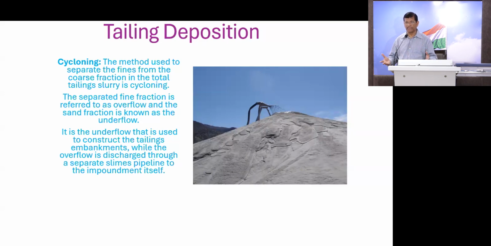Again, the deposition and construction of filters should all be taken care of when we look into what we design and what is actually happening in reality. That's why the underflow, the sand portion, is used to construct the tailings embankment, while the overflow is discharged through a slime pipeline to the impoundment of the pond.